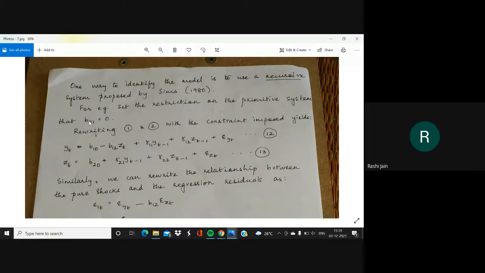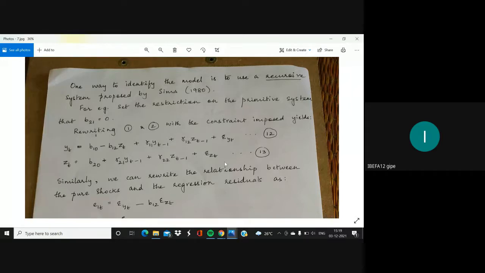Ma'am, as you mentioned earlier, the indirect effect will be eliminated this way. The effect of yt on zt will be eliminated. Correct, on zt. Any other way of stating the same thing?